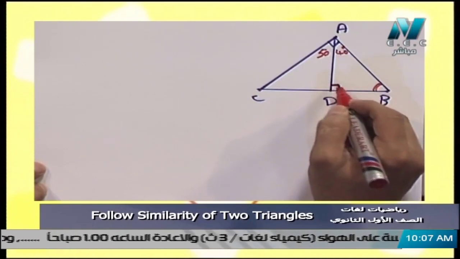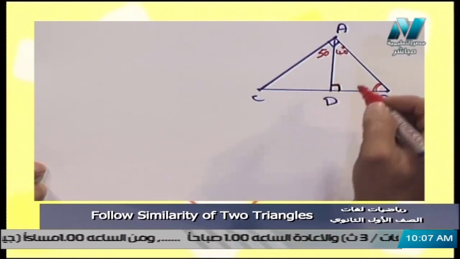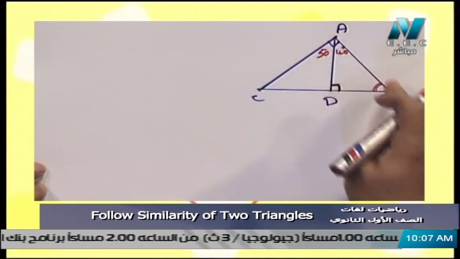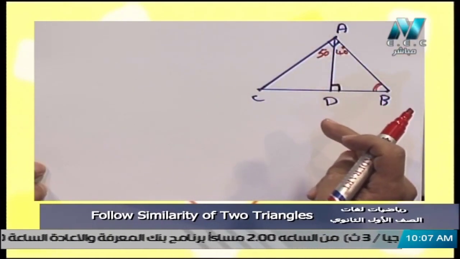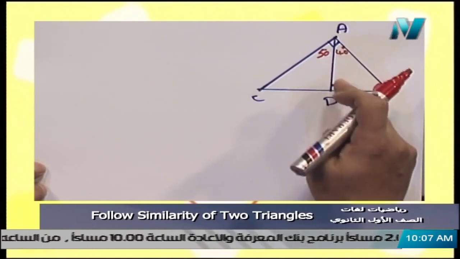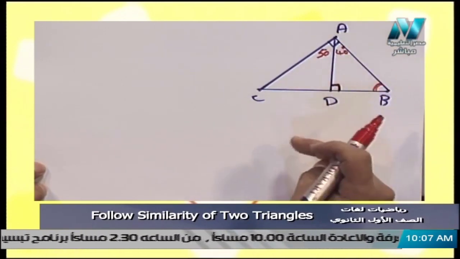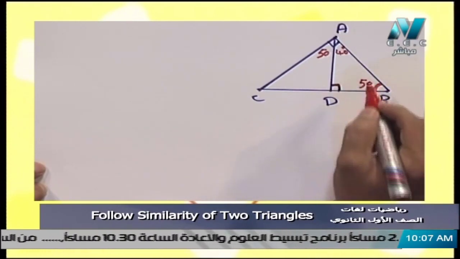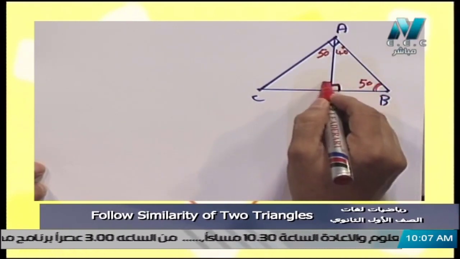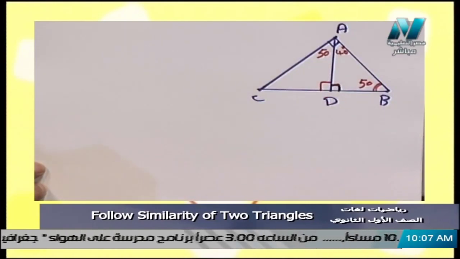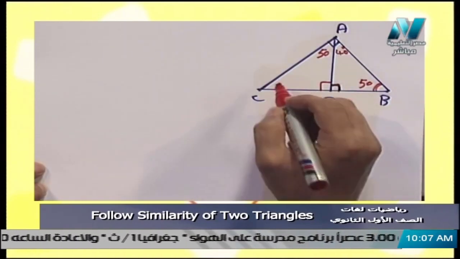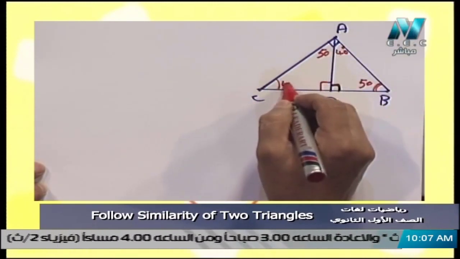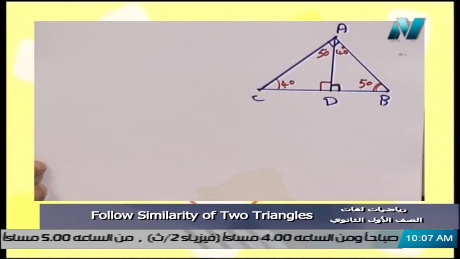We know that here is 90, and the interior angles of a triangle equal 180, so 180 minus (40 plus 90) will be 50 also, and also we know that measure angle ADC is 90, so we can easily deduce that measure angle ACD is 40.